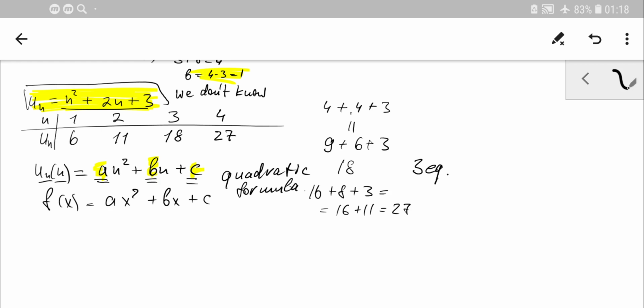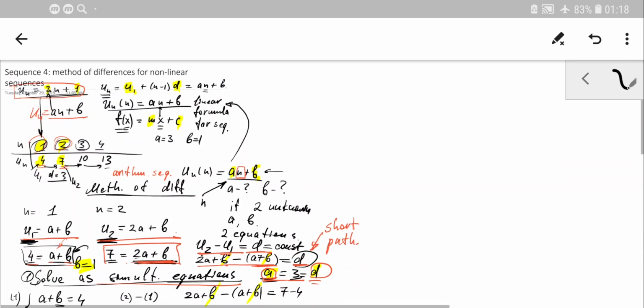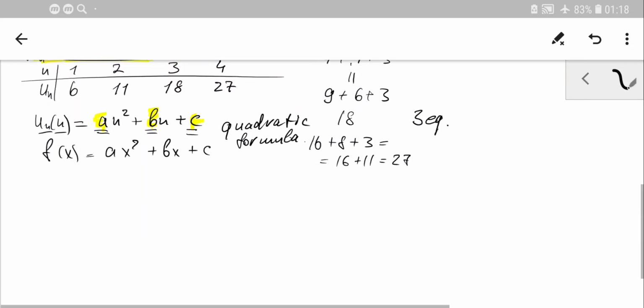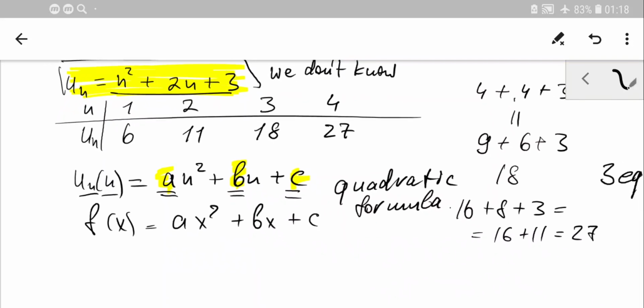Many of you guys probably hope that I'll give you maybe a more easy way how to do that. And actually there is the way that's called method of difference, no doubts, but for quadratic sequence. All right, let's see how it works here.